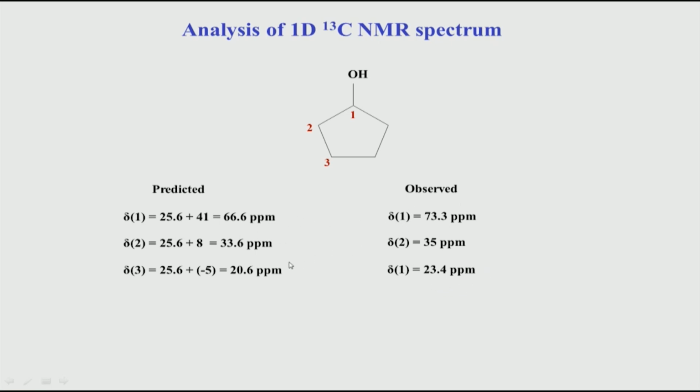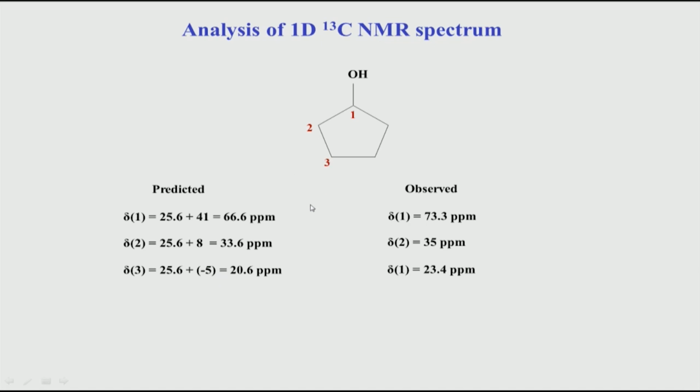This is called mapping or assignment, very easy to assign, because this 66.6 has to correspond to this, which means that whatever peak you get at this ppm in the experiment corresponds to this carbon. Similarly, whatever peak you see at this ppm will match with this, and that corresponds to this carbon, and whatever you see at this corresponds to this.